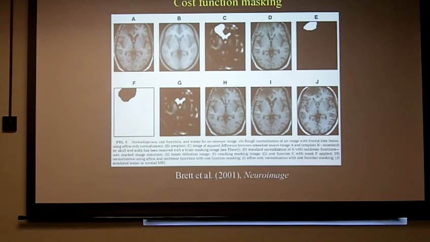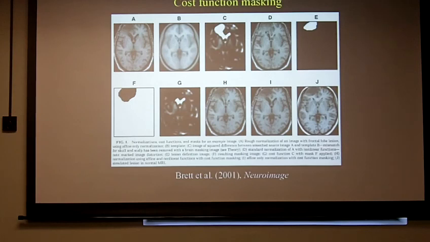So if you run just nonlinear normalization on this lesioned brain A, with the focal lesion right there, you have this severe distortion around the lesion area.